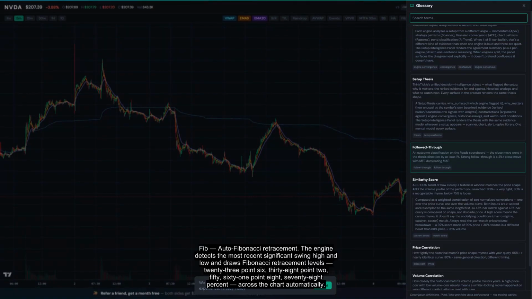Fib, Auto-Fibonacci retracement. The engine detects the most recent significant swing high and low and draws Fibonacci retracement levels, 23.6, 38.2, 50, 61.8, 78%, across the chart automatically.